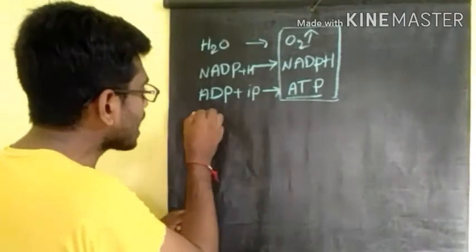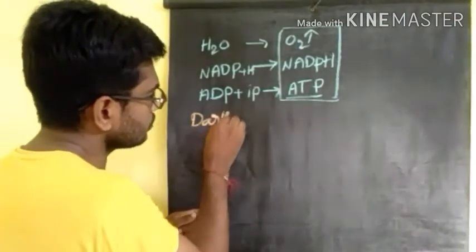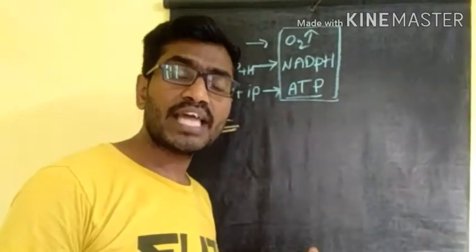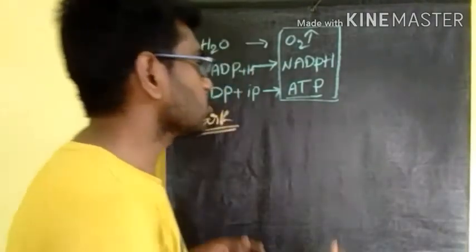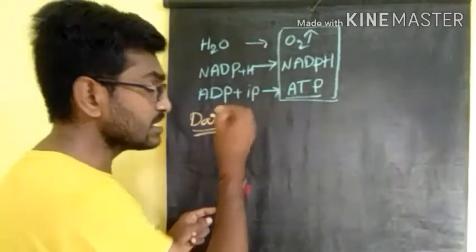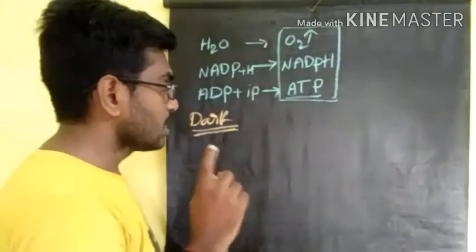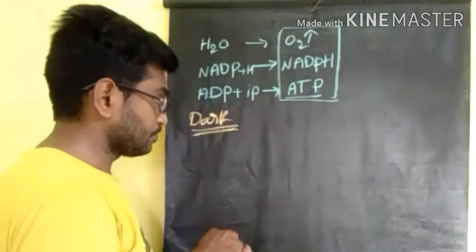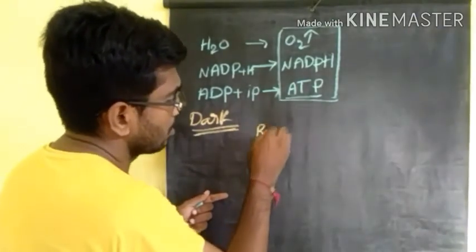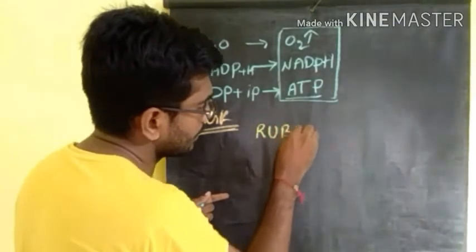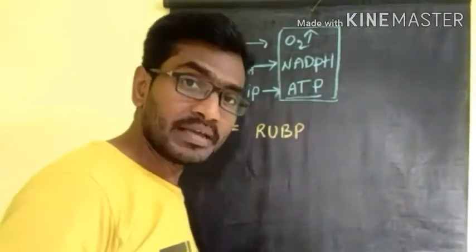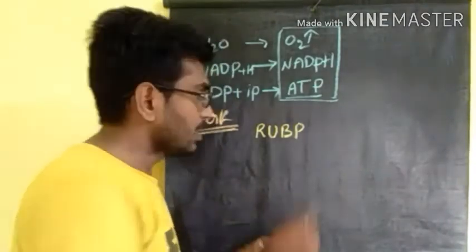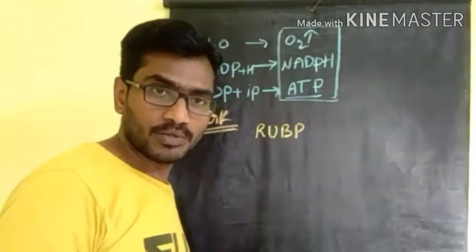Now we will see the dark reactions. In dark reactions, what happens? Where do dark reactions occur? They occur in the stroma of the chloroplast. In the stroma, there is one substance called RUBP, ribulose 1,5 bisphosphate, a 5 carbon compound.